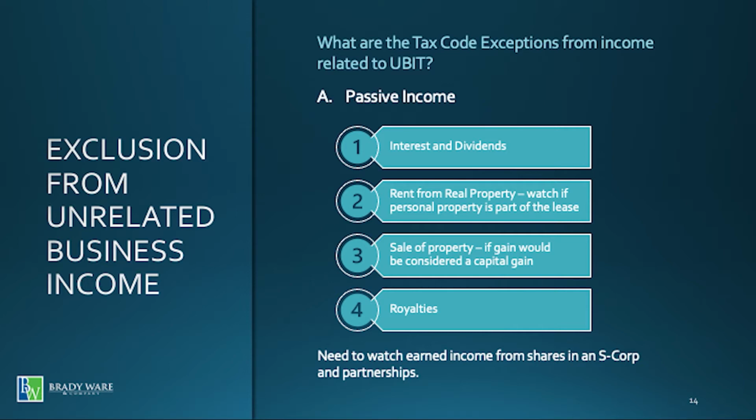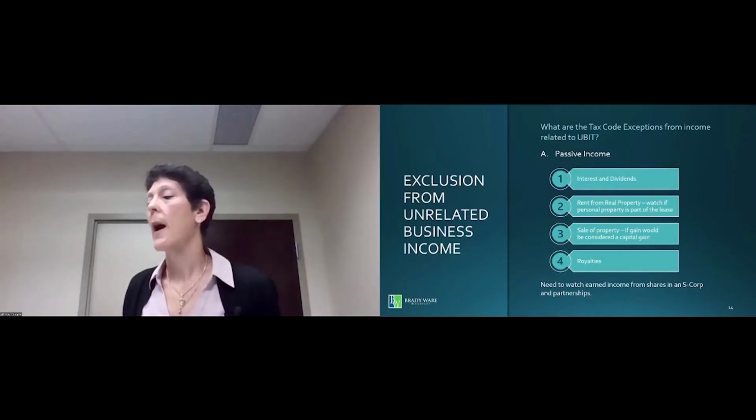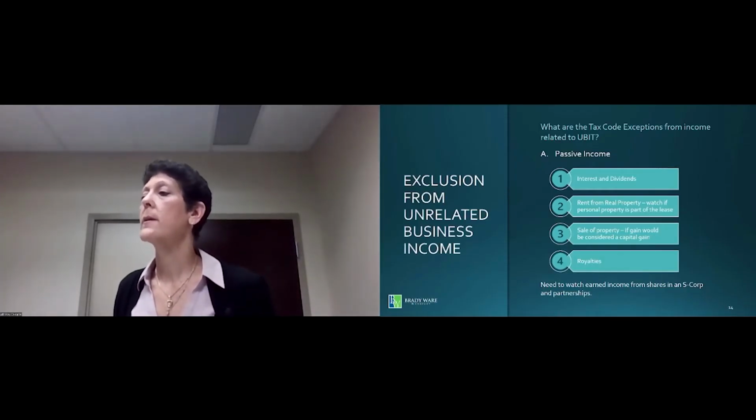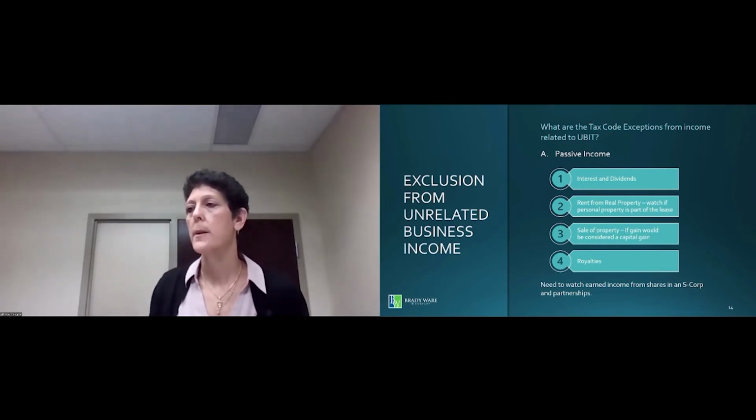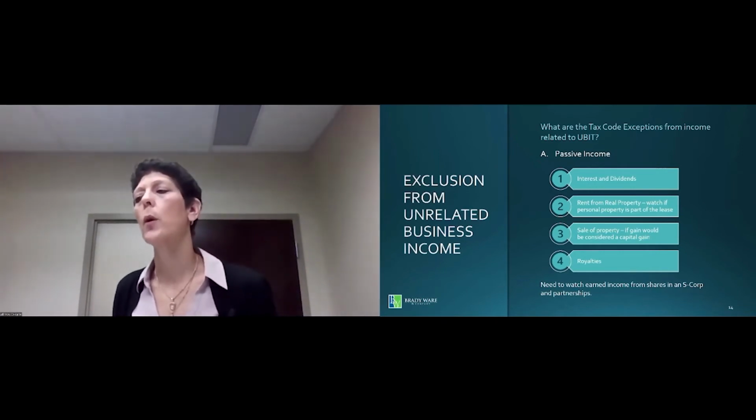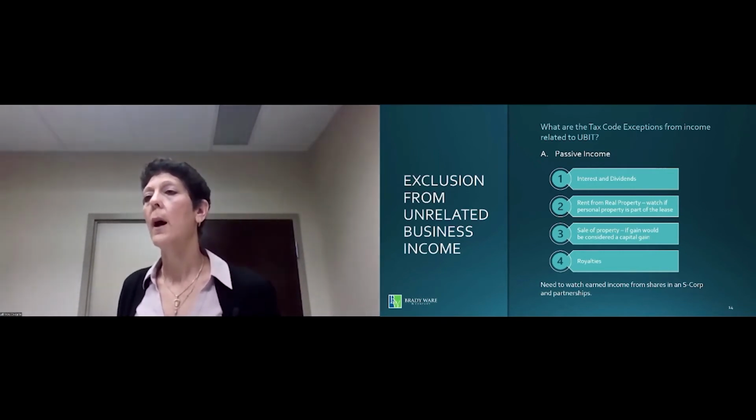The sale of property, when you would sell property like stocks and bonds in that area, and it's going to create a capital gain, the IRS has stated that capital gains are exempt from UBIT, and then royalty income is exempt. There are some situations where royalties can be UBIT.